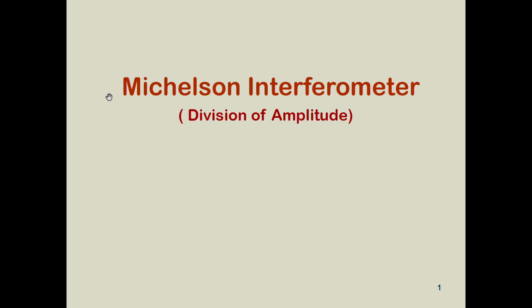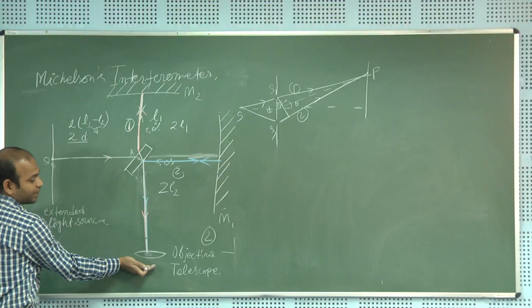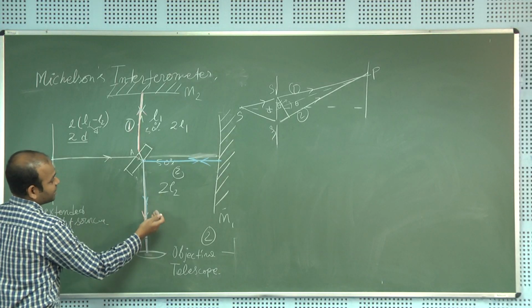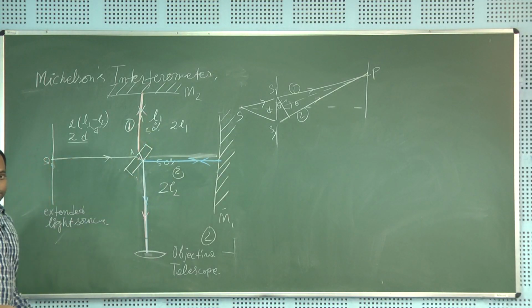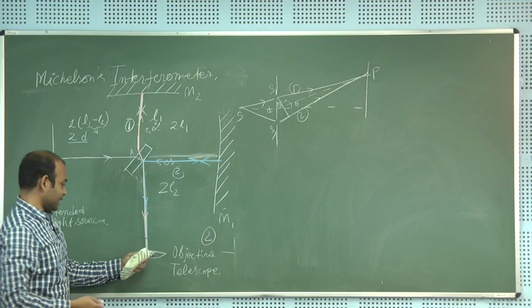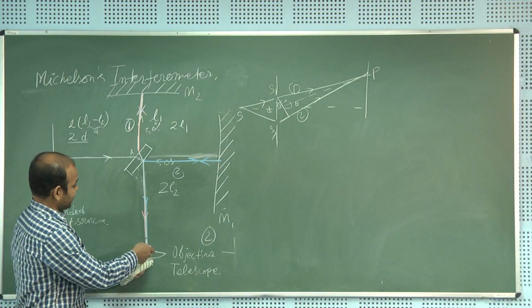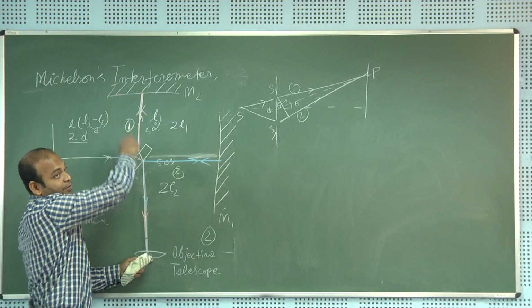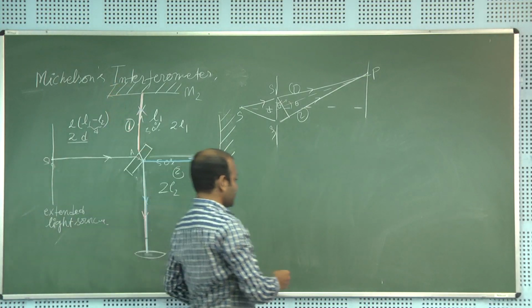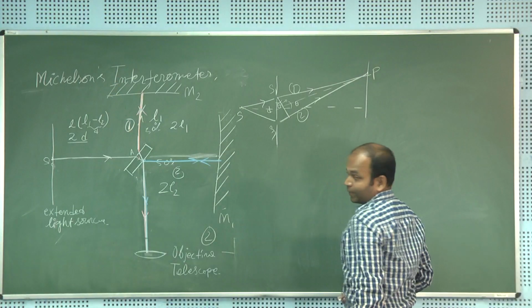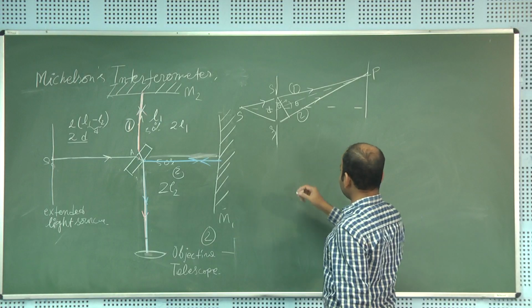what happens. Suppose we observe from this point, we cannot trace back these two different paths, right. So it would appear that the light ray is coming from the same direction. In other words, we can draw a similar picture which is equivalent.